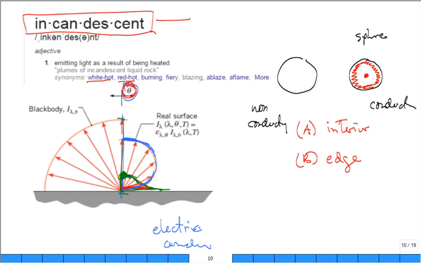So what happens to the emissivity at large theta for non-conducting? Just the opposite. It's weaker. So it'll have a stronger incandescent radiation in the middle of the sphere. All right.